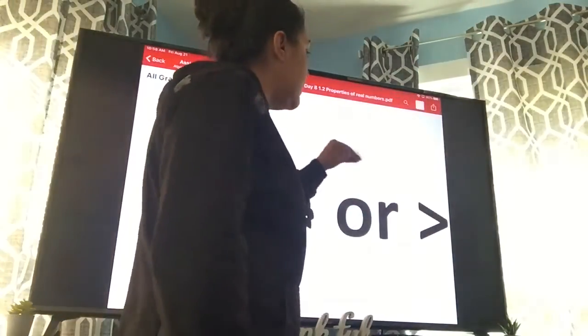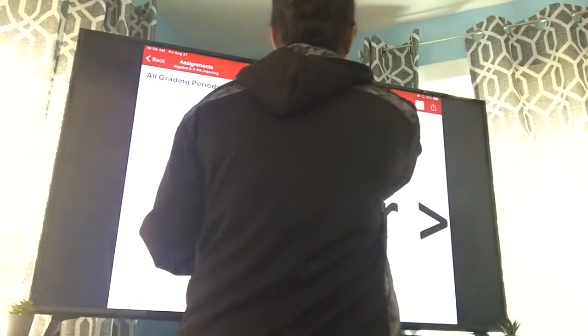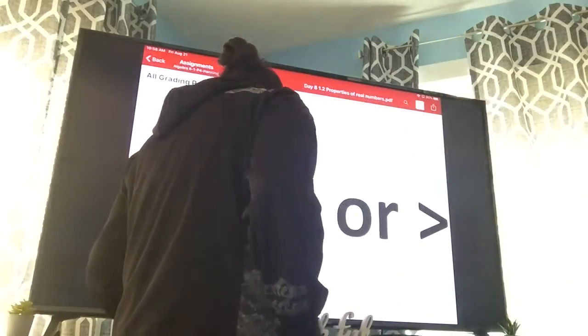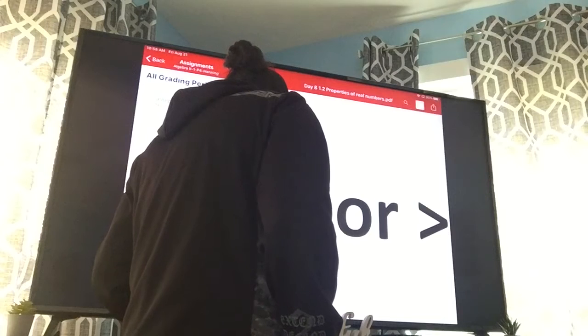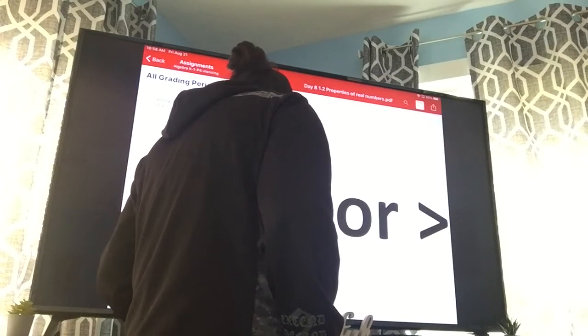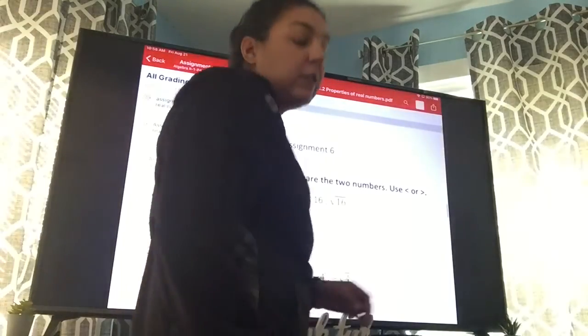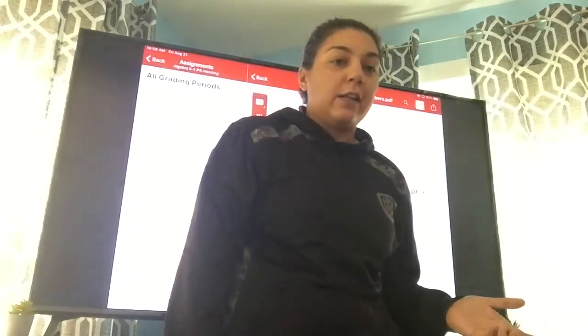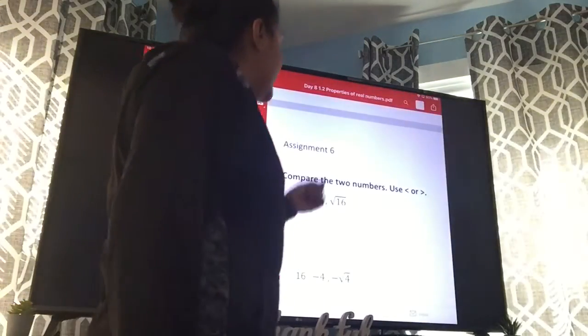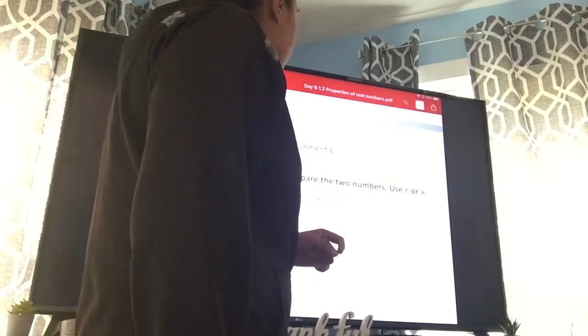I know it seems silly, but I'm 31, and I don't think I've ever used these symbols other than the fact that I teach math.